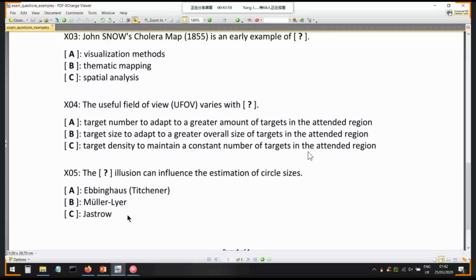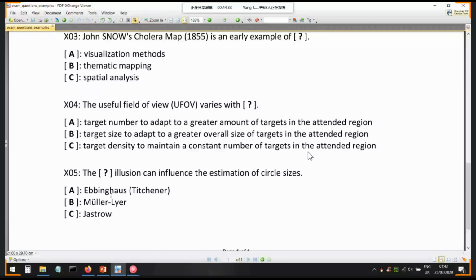The Müller-Lyer is about the length of a line with arrowheads. Maybe you remember that one. Jastrow is about these arcs, the example with the railroads for kids. These arcs look like different lengths, but they are the same. Therefore, only A, Ebbinghaus-Titchener, can be the right answer here.